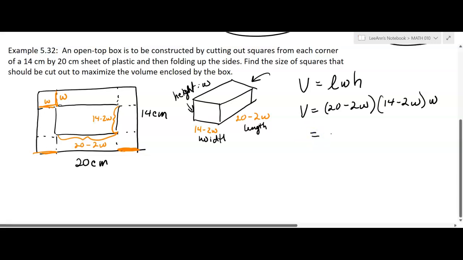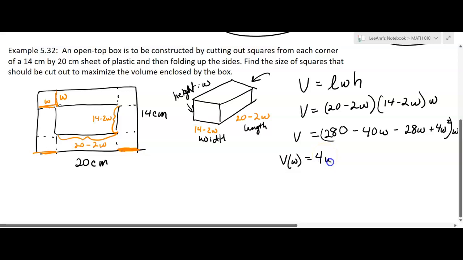All right, we can multiply that out. What do we get? What's 20 times 14? 280. And then you're going to get minus 40W minus 28W and plus 4W squared. So I'm just multiplying the binomials and then times W. So I'm going to get the volume in terms of W. I get 4W cubed.